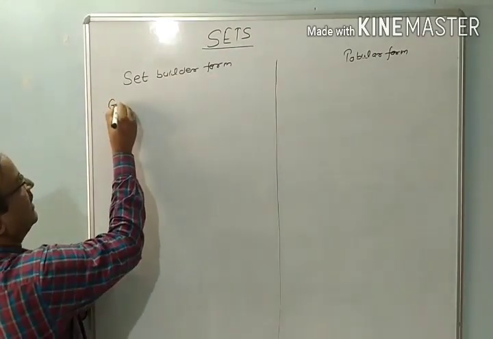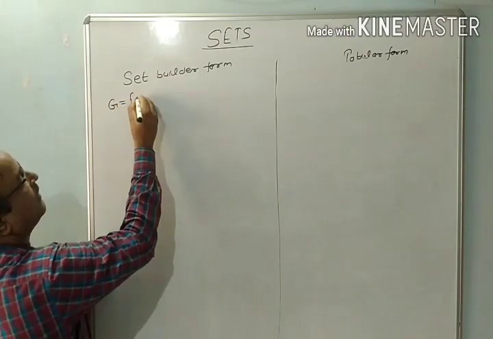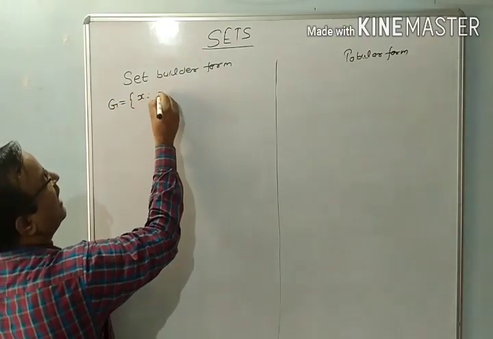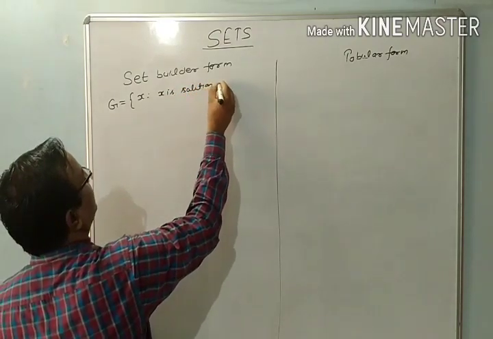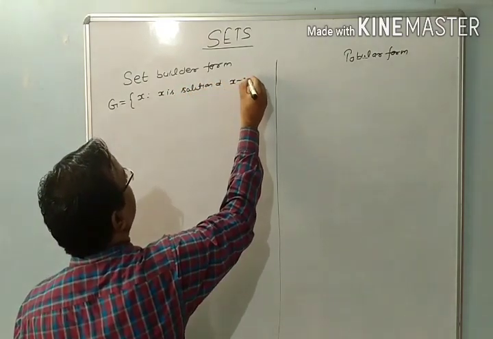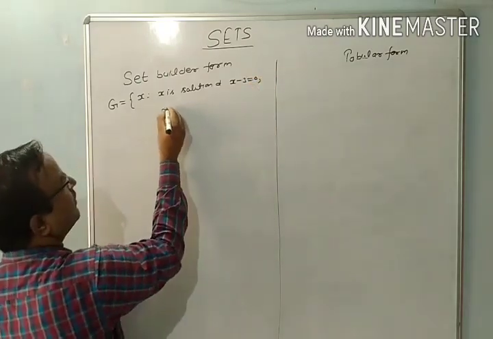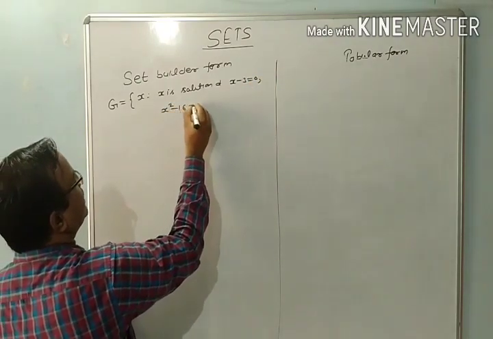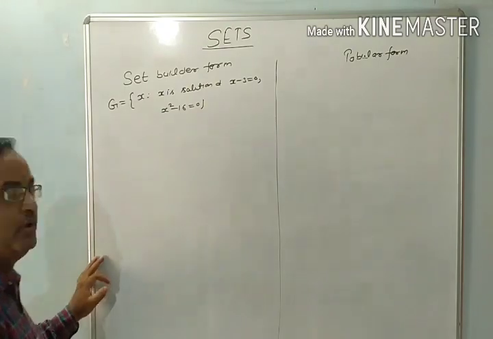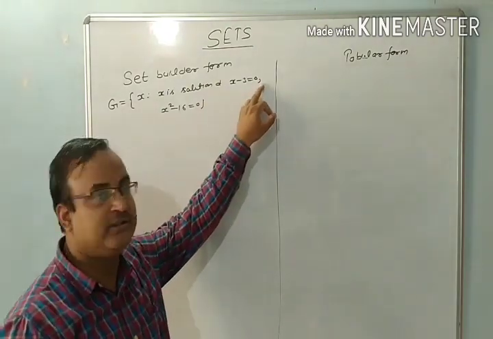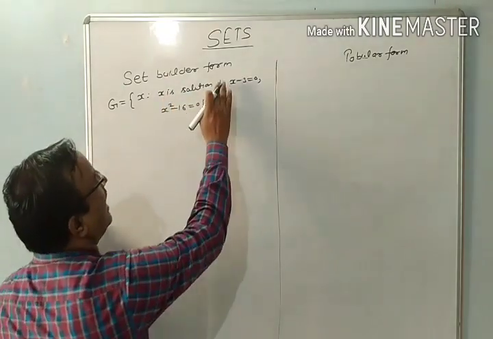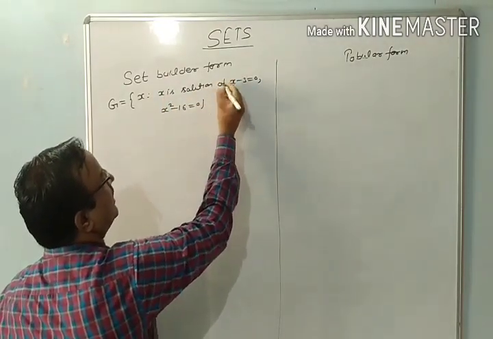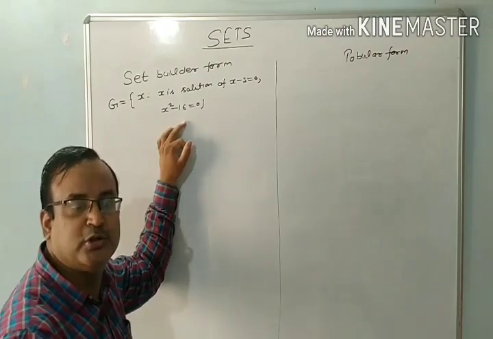Example number 7. G is the set such that x is a solution of x minus 3 is equal to 0, comma, x square minus 16 is equal to 0. That means we have to write a common solution. That means x is the solution of x minus 3 is equal to 0 and x square minus 16 is equal to 0.